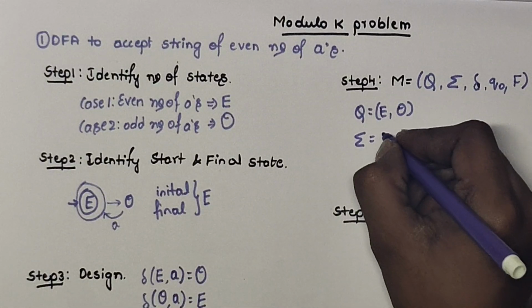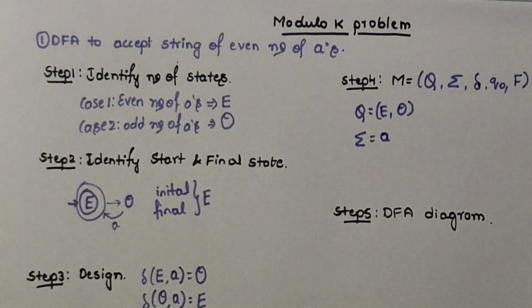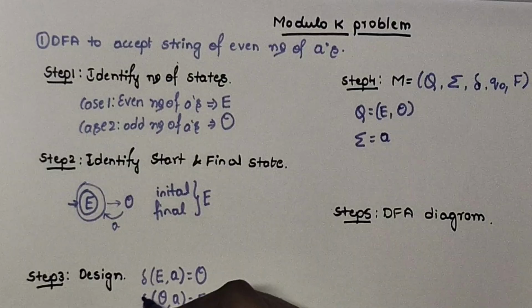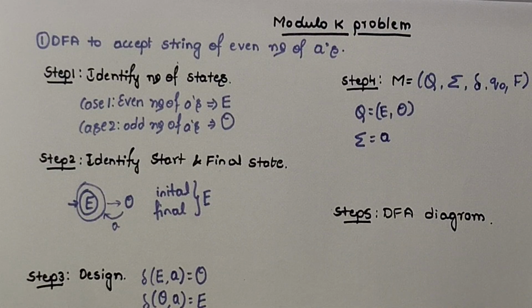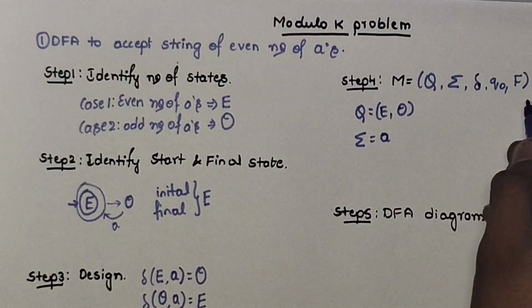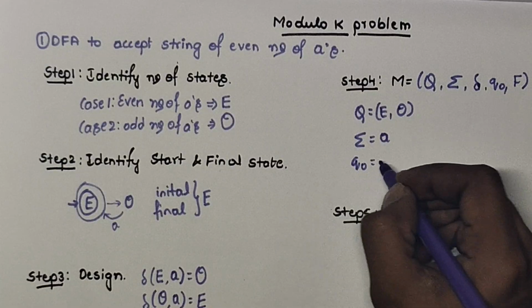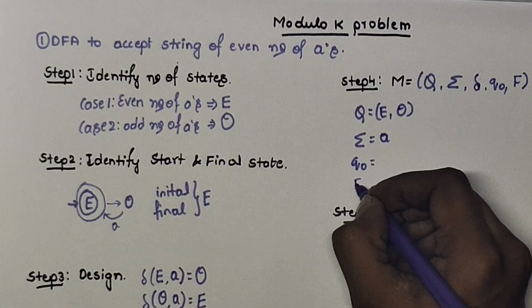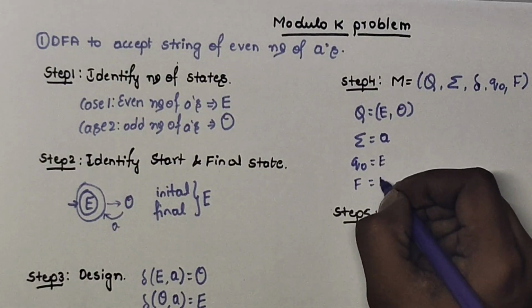So you can conclude only A is the input symbol used to move from one state to another. Next one is delta, which has already been written in the designing, so no need to write it again. Next one is Q0, the initial state. We know that the initial and final states are both capital letter E, so you can write both as capital letter E.